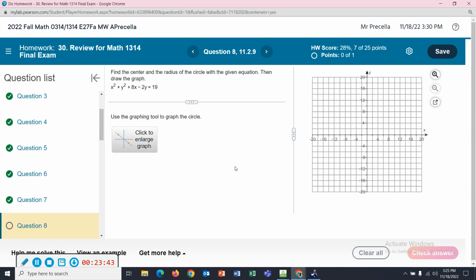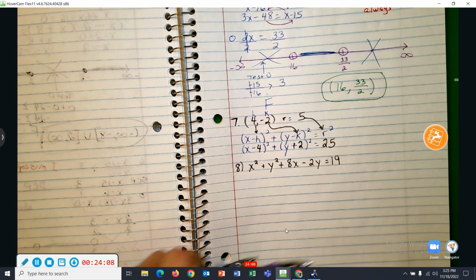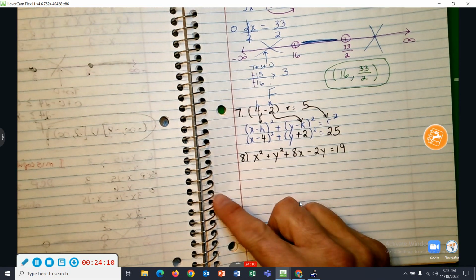X squared plus y squared plus 8x minus 2y equals 19. I'm checking to make sure I didn't miscopy it. I've already messed up once because I miscopied a problem. So a wise man learns from his mistakes.